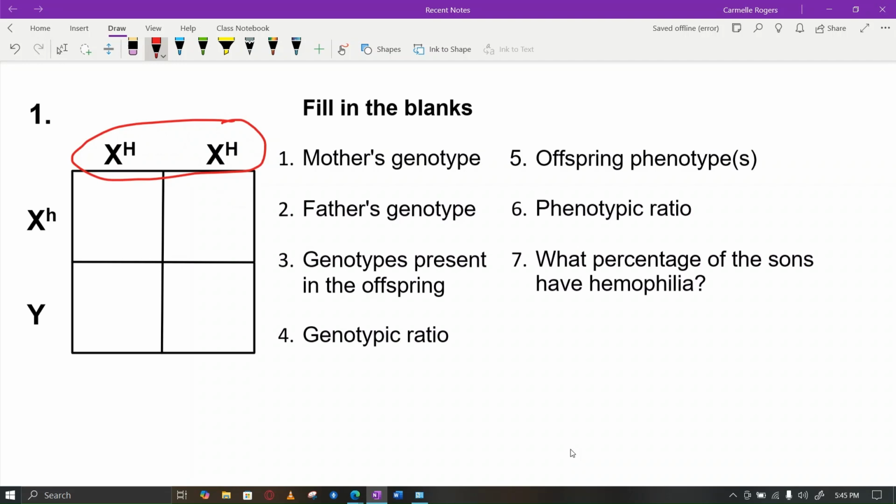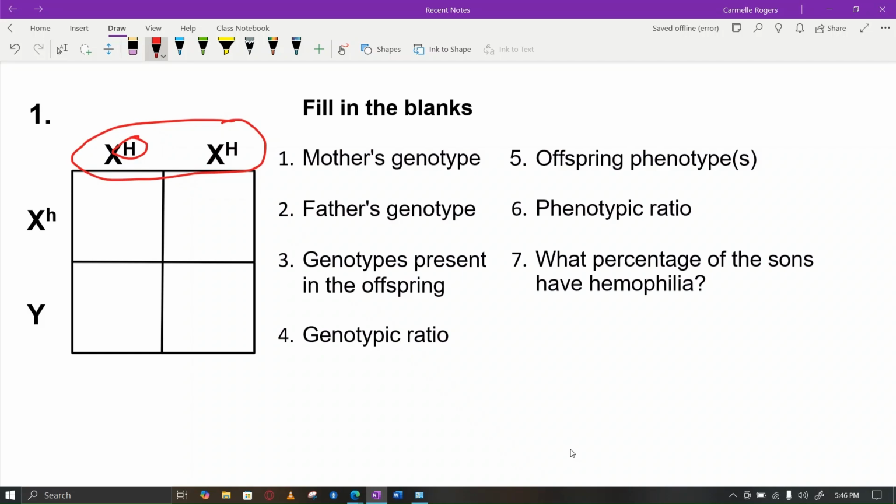You have an X and an X for female, and then an X and a Y for male. The way that we set up this notation, X would represent the sex chromosome X, and then the superscript, this capital H, would be the dominant or the normal gene for the clotting factor.